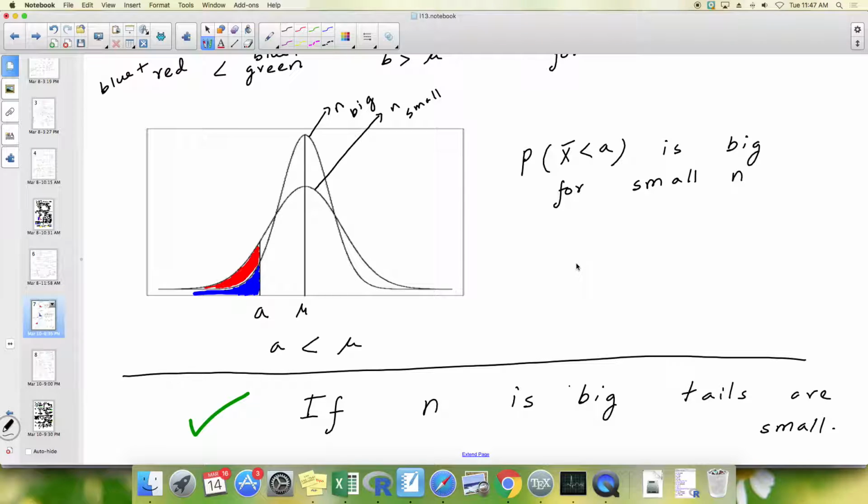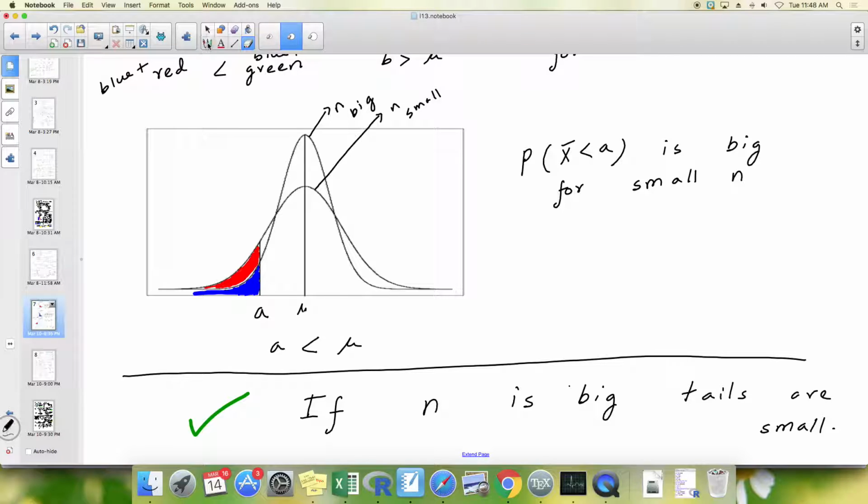Suppose I have to prove that the left tail is bigger for small n, but you can see that both the skinny graph and the short graph are centered around mu, and they're symmetric. So whatever happens for the left tail also happens for the right tail, and vice versa. So I'll leave it at that.